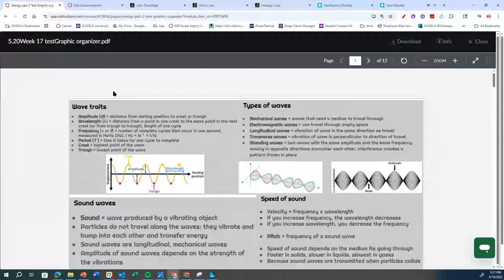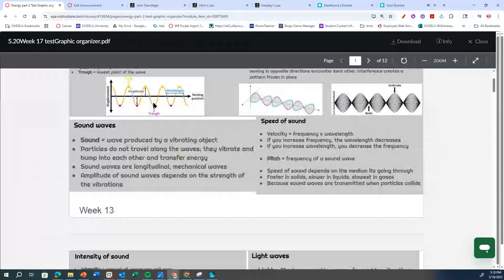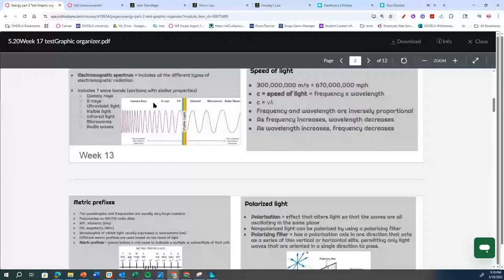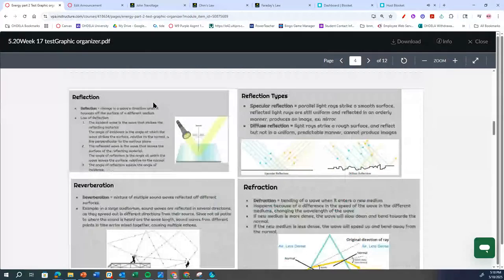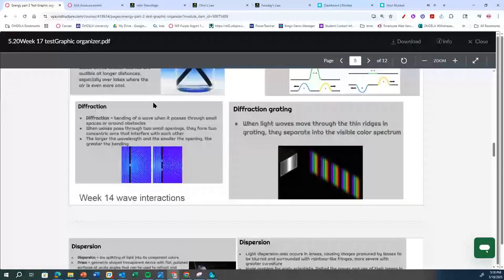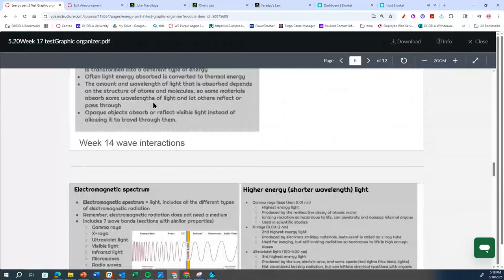There's a graphic organizer that goes over the wave traits vocabulary, week 13. So sound and intensity, week 13. Prefixes, week 13. Week 14, wave interaction vocabulary, more interactions.